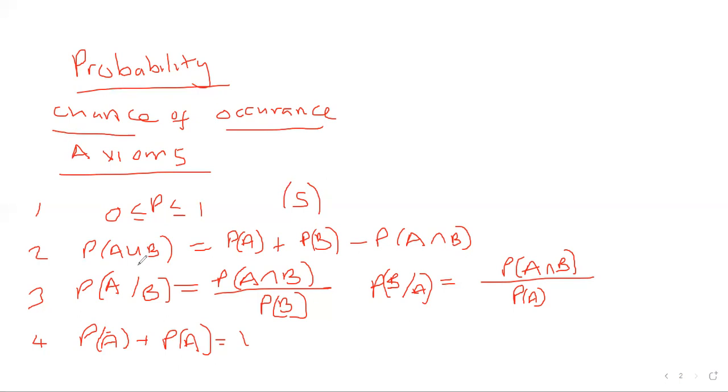Then we have the union set. Probability of A union B: to unite is to add. So the probability of A union B is when you add the probability of A and the probability of B, then you subtract what is in the middle here because it's intersecting.